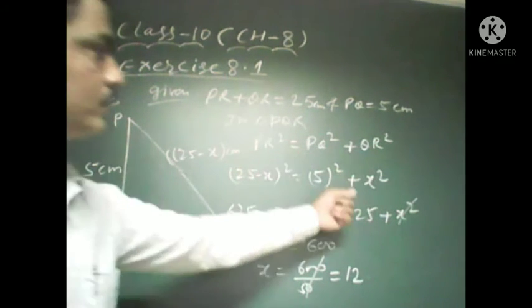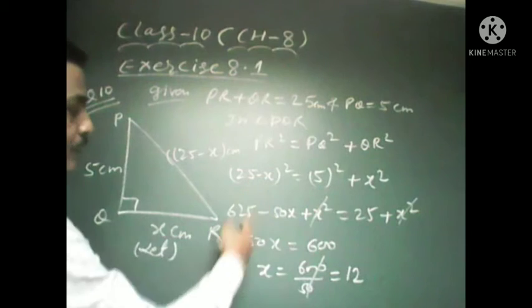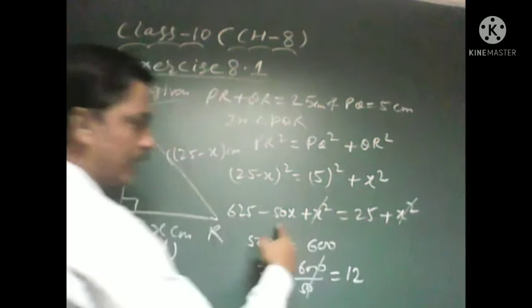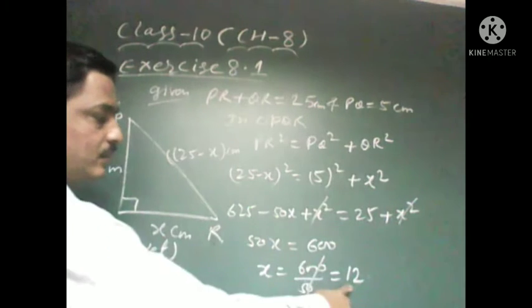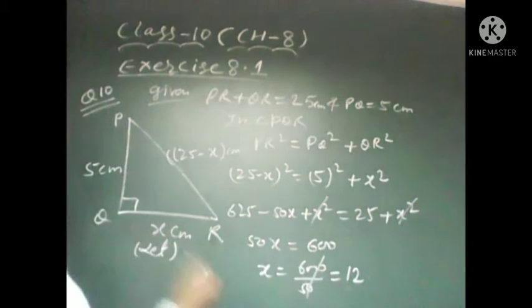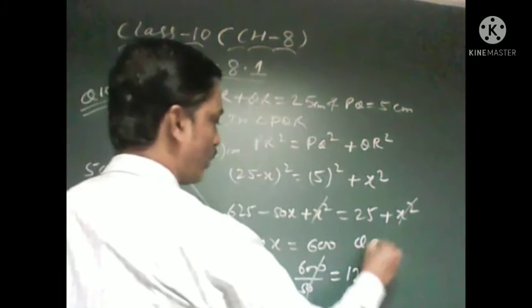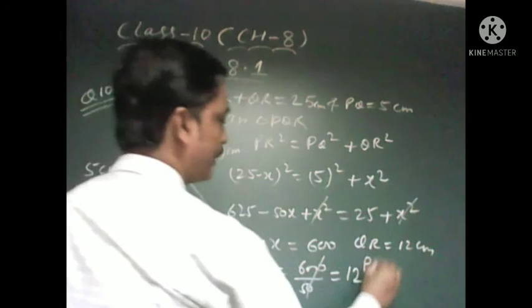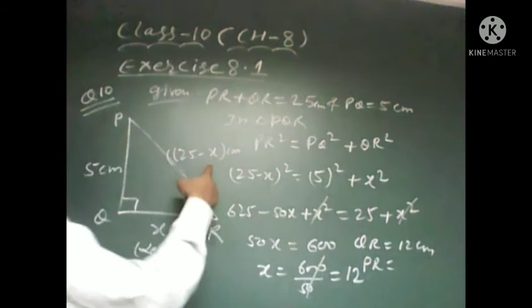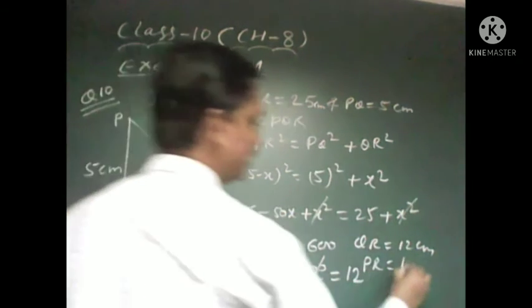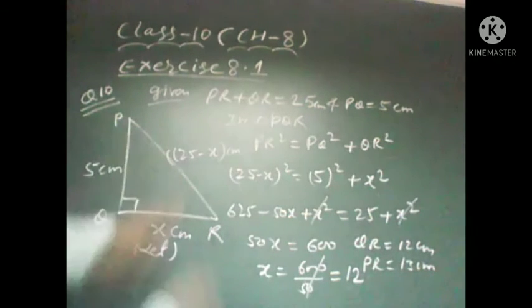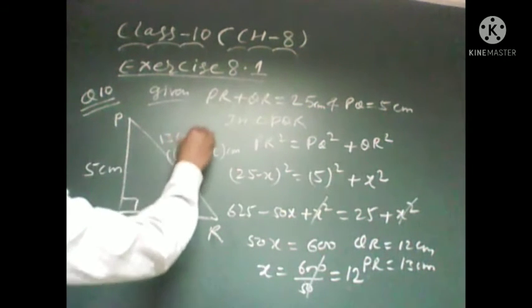PR square, right? A minus B whole square, open the identity, cancel the x square, and after calculating we get x equal to 12. It means QR is equal to 12 centimeter, and PR is equal to 25 minus 12, that is 13 centimeter.